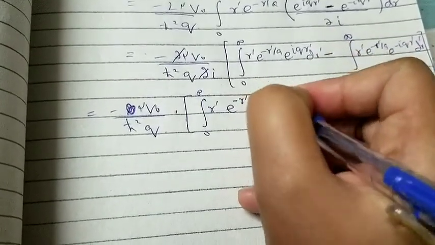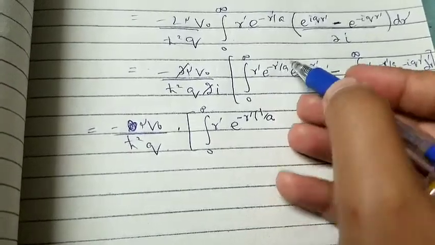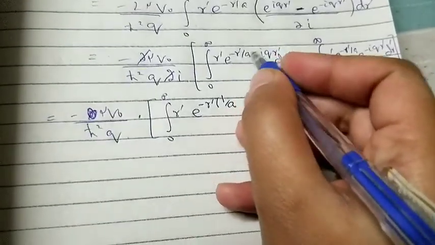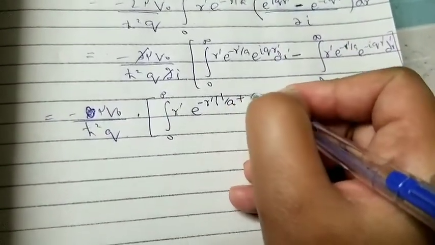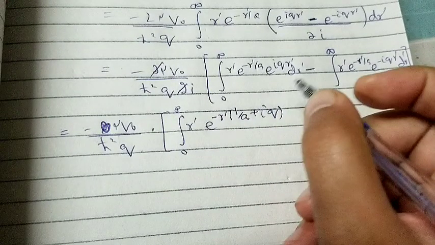So I'm taking minus r prime common, and the thing that is left behind is 1 over a, plus iota q. I'm from the future, and it is minus iota q, because you can see that above, the signs are opposite. If I take negative as common, then the signs will be inverted.